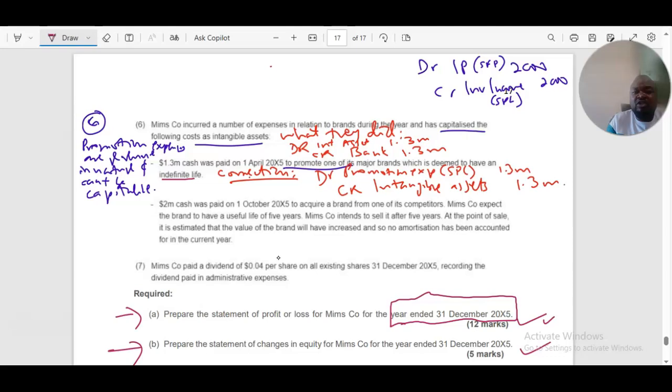But before we do that, we need to account for the transaction initially. So what they did initially, they debit intangible assets 2 million, and credited bank. This is very important when we do some of the transactions, or when we will be answering the questions or the requirements.